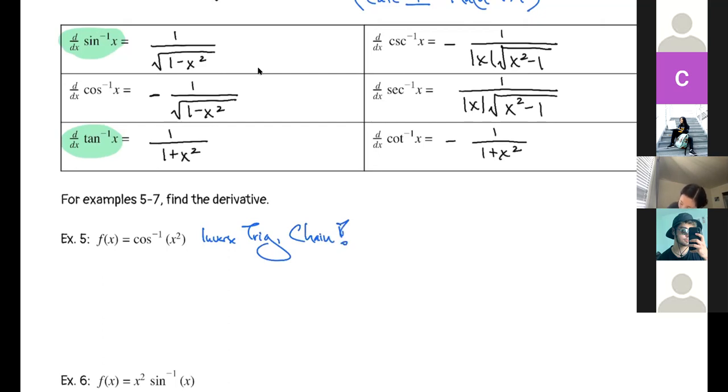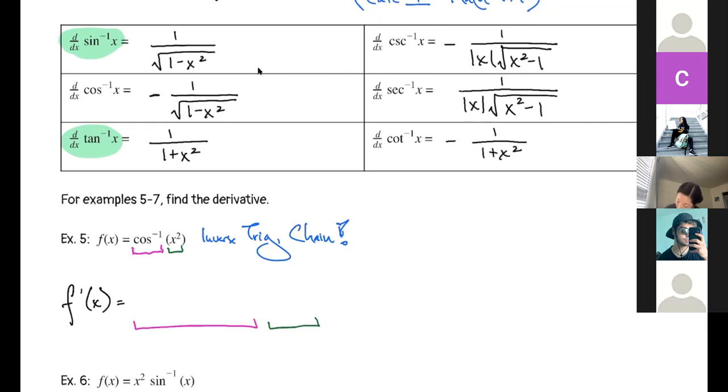Okay, and the giveaway for our chain rule is we sort of have this outside piece and we have this inside piece, okay? And so if I want to take my derivative, I'm going to take the derivative of the inverse cosine part, and I'm going to multiply it by the derivative of the inside part.